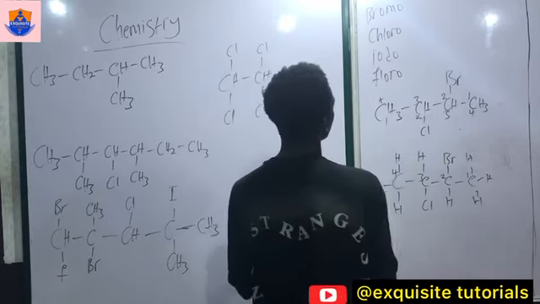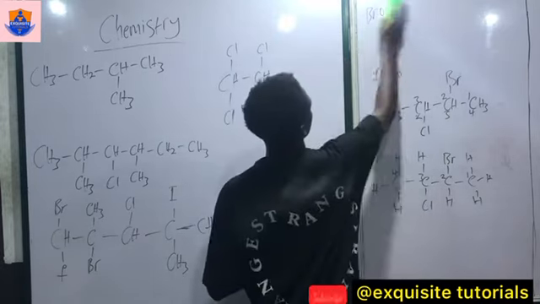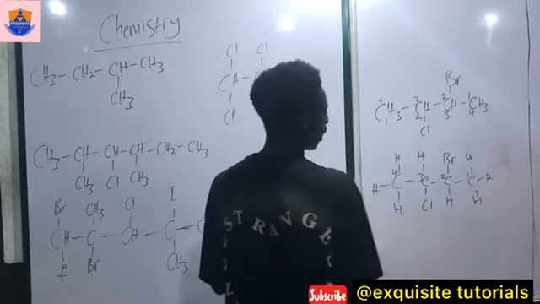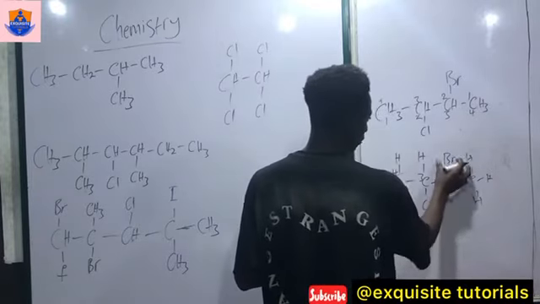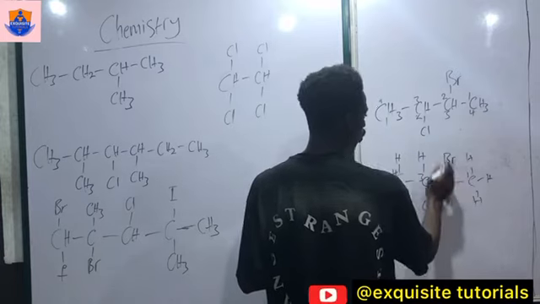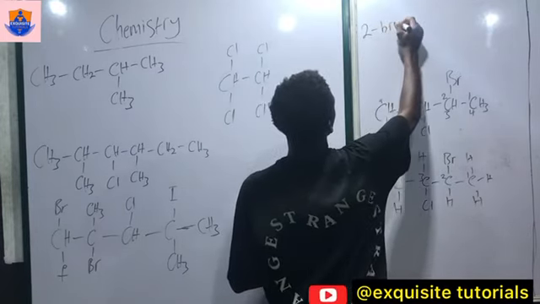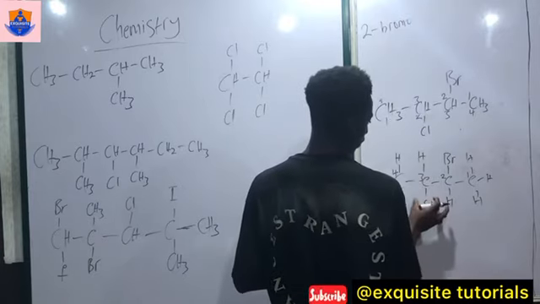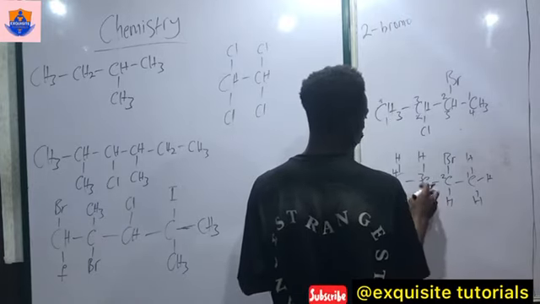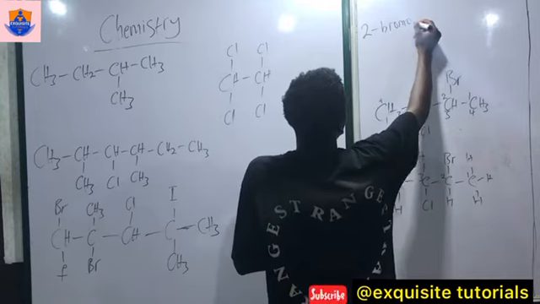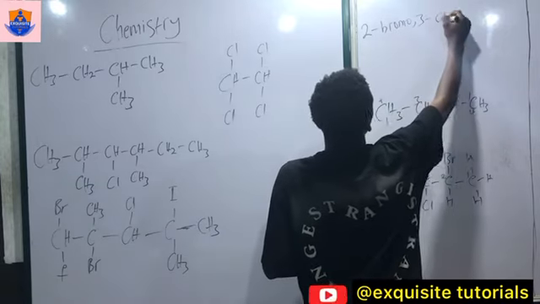Okay, so how do we name this? Since we have bromine, B before C, we name it 2-bromo. Then we go to the next, which is chlorine. It's at the third carbon. We name it 3-chloro.